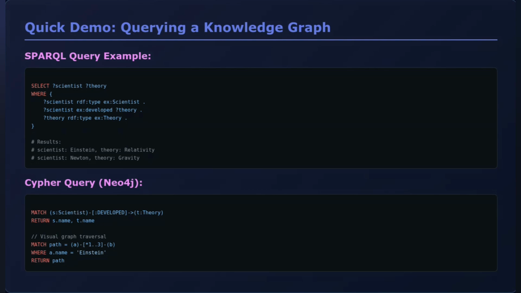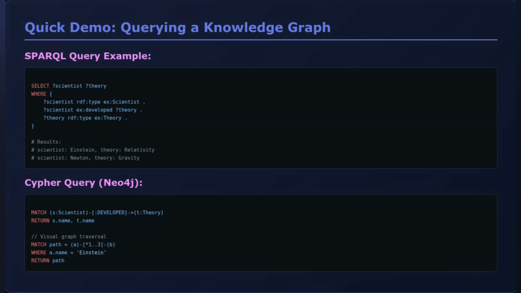Now let's look at Cypher for Neo4j. This syntax is even more intuitive. Match looks for a pattern, a scientist node connected by a developed relationship to a theory node. Return gives us the names. But here's where it gets really cool. We can traverse the graph. This query finds all paths up to 3 hops away from Einstein.